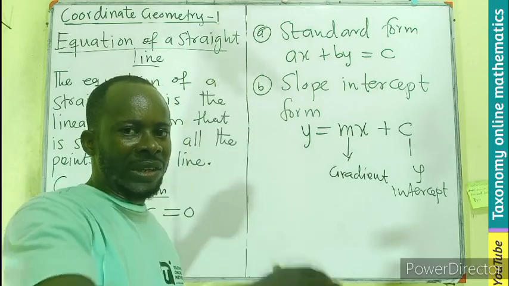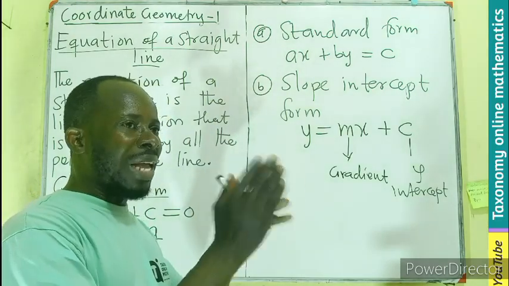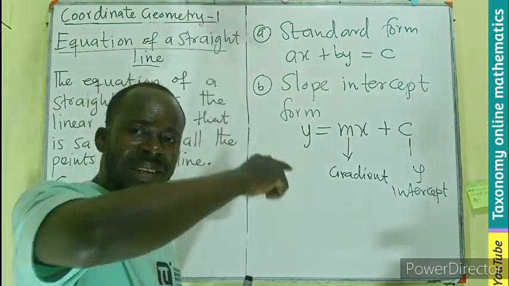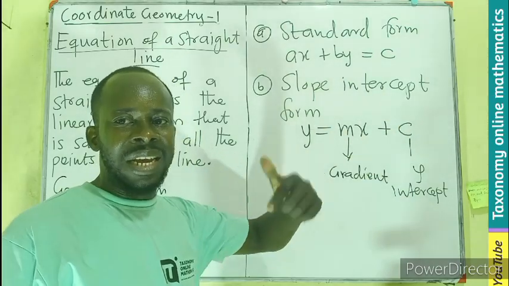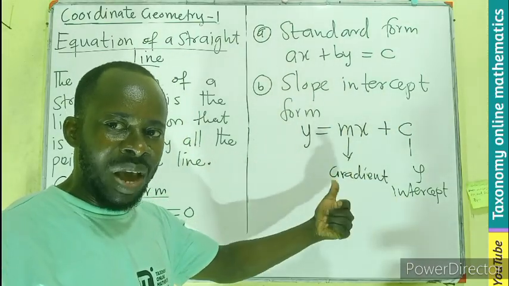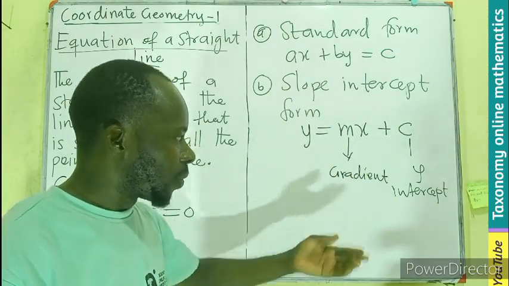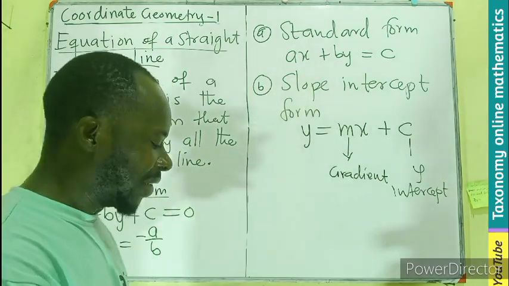So if you are drawing a straight line in any direction, the point at which the line cuts the y axis is the y-intercept, that point where we have x to be 0. So this is the slope-intercept form.